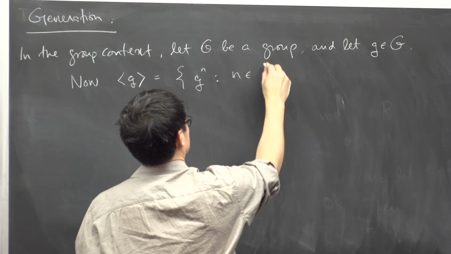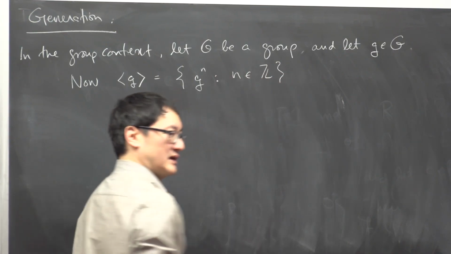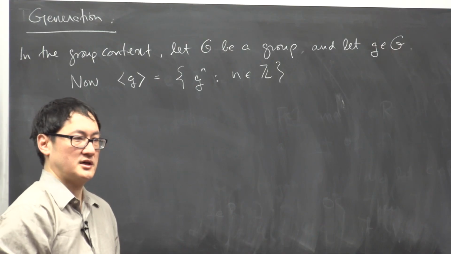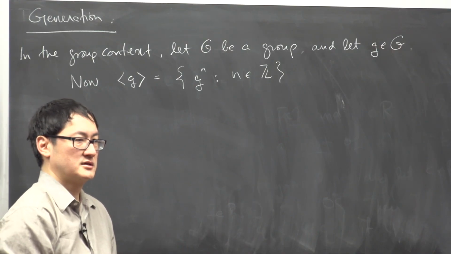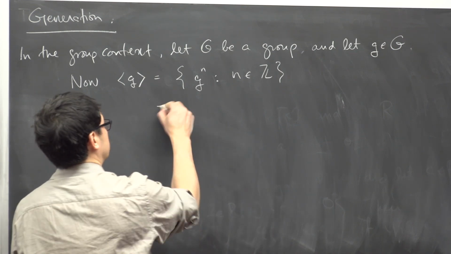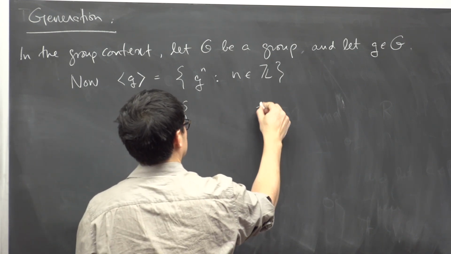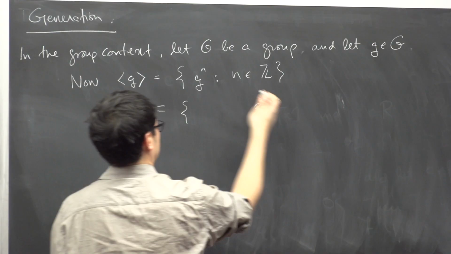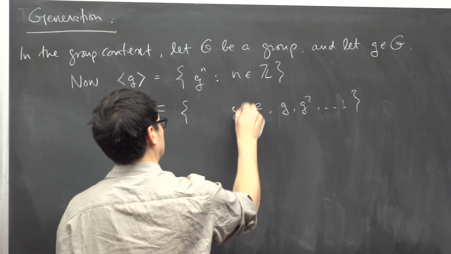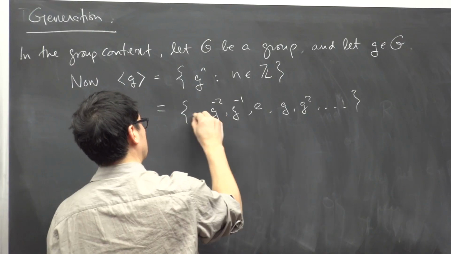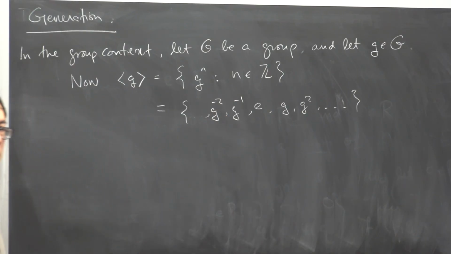So it looks like this: you're taking all possible positive, negative, and zero powers. So when you raise g to the 0th power, you get e, and then you get g squared, like that.